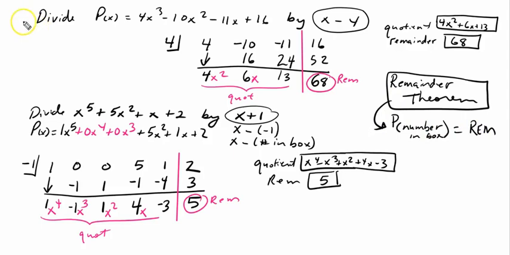So let's look at the remainder theorem for this first one here. The remainder theorem says that P evaluated at 4 is equal to 68. Now I can check that. I can do that directly. What is P evaluated at 4? Well, everywhere there's an X, you replace it with a 4.